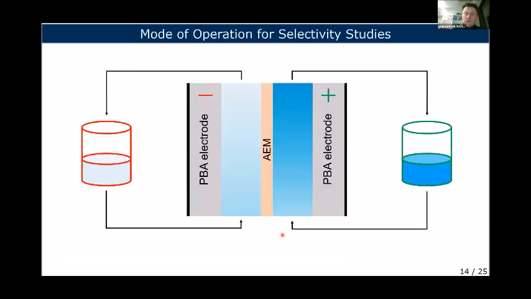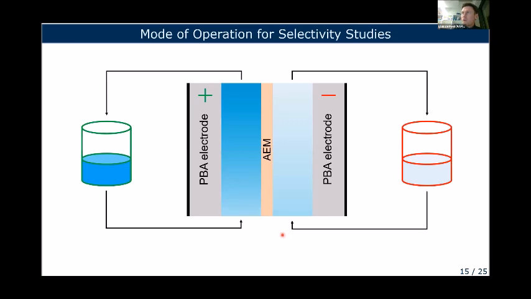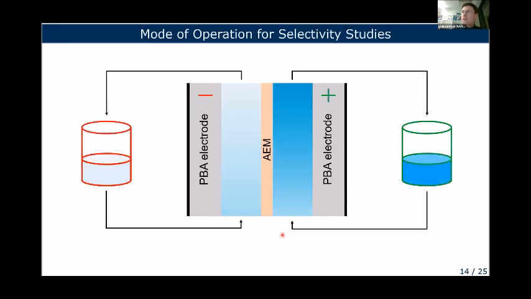Now we go to the selectivity studies. I was talking about these two streams. So on the left, if you go from bottom to top, it becomes lighter. So you desalinate, and on the right-hand side, you would concentrate your water. And what we do now is we switch between, let's say, what is presented on this slide and the other one.